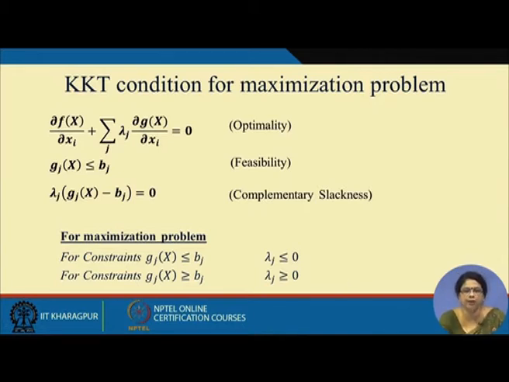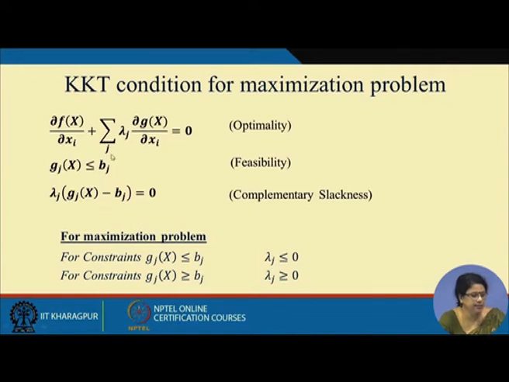When we have the nonlinear programming problem, maximization of f(x) subject to g_j(x) either less than or equal to b_j or greater than or equal to b_j, here the g functions and the f function are all nonlinear functions. Here also, after taking the first order derivative with respect to different variables, we will get the KKT conditions: optimality condition, feasibility condition and complementary slackness conditions.